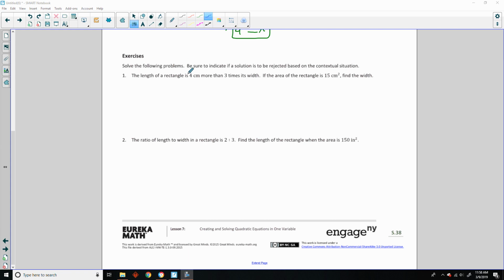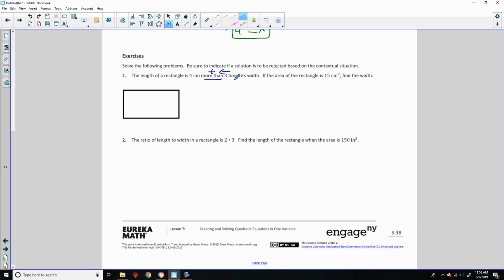The length of a rectangle is 4 centimeters more than 3 times its width. So I have a rectangle. The length is 4 centimeters more than, that's plus, and we read it right to left, 3 times its width.